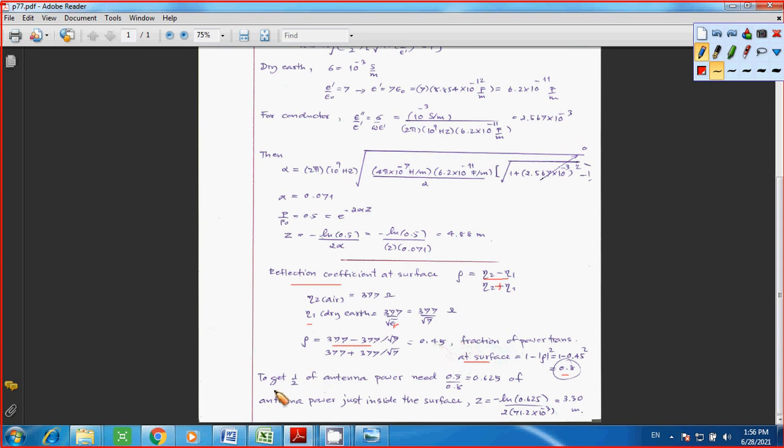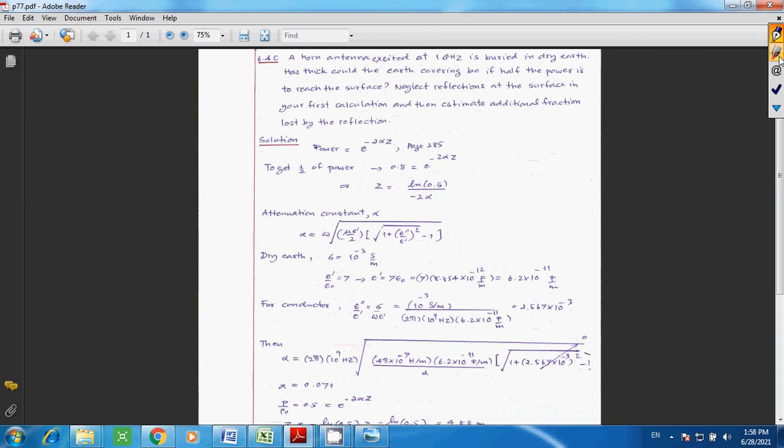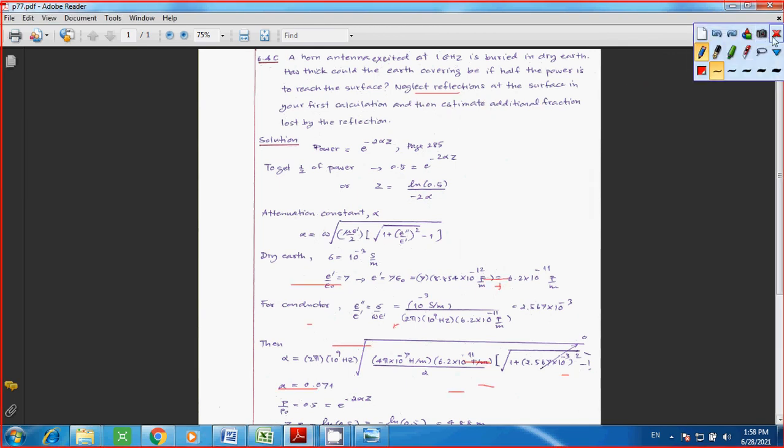To get half of the antenna power, you put the ratio of 0.5, this is the half power, divided by the transmitted wave at the surface, which is 0.8, and you end up with the ratio 0.625 of antenna power just inside the surface, because we also account for the reflections at the surface.